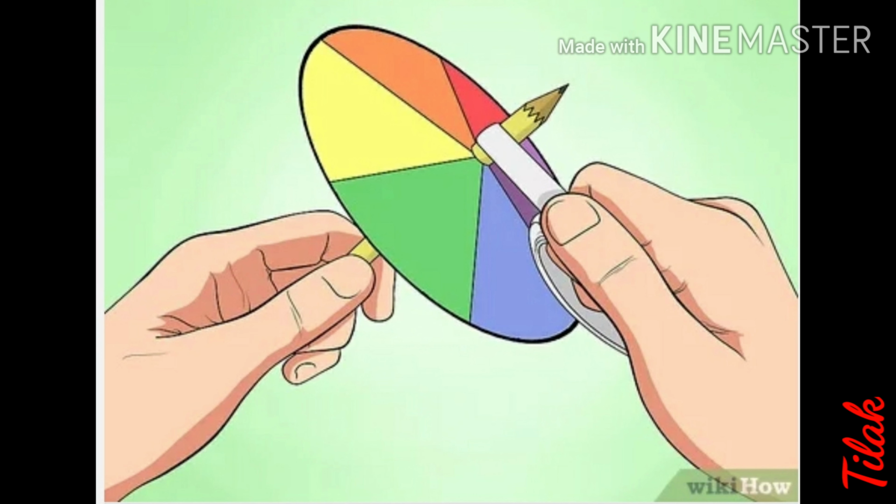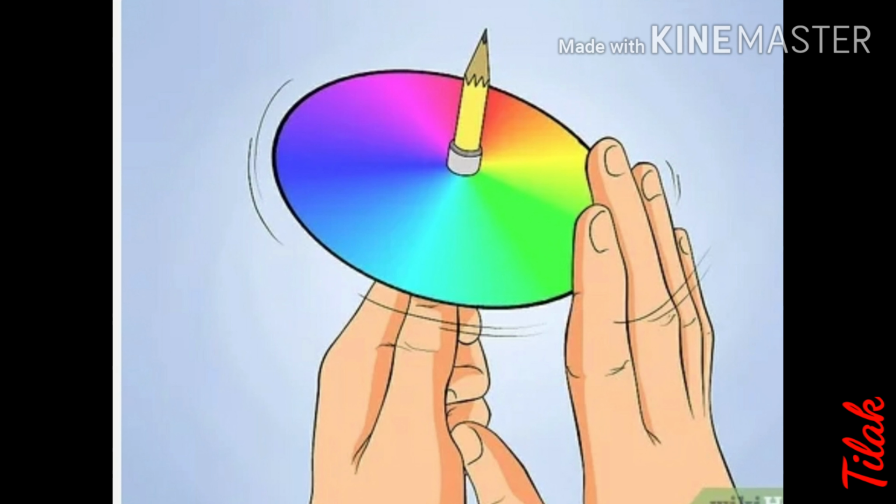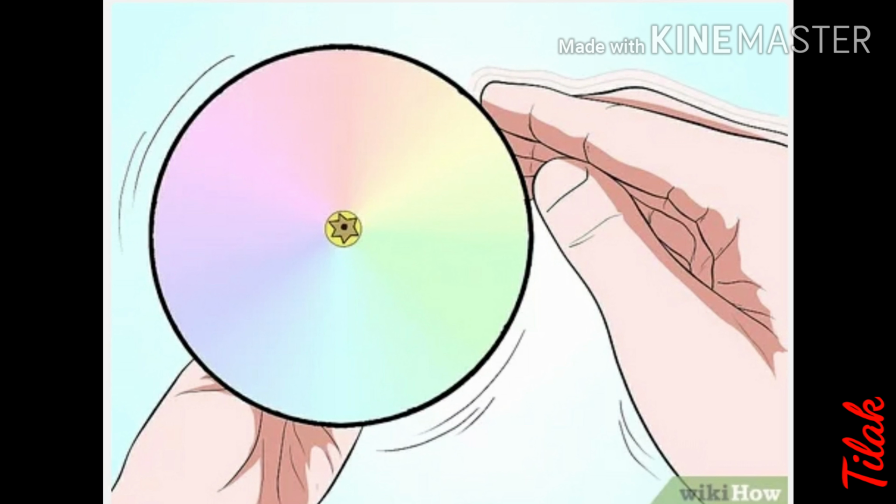Yes, I told you during the WebEx class that this disc is called Newton's disc. And with the help of this small activity, although very simple, you learn a very important fact, that the white light of sunlight is made up of 7 colors.